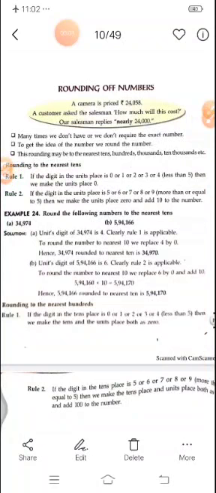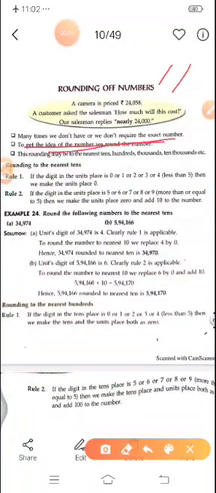Okay, students. Now come to our new topic, and that is rounding of numbers. Rounding of a number means when we get the idea of the number, then we round the number.